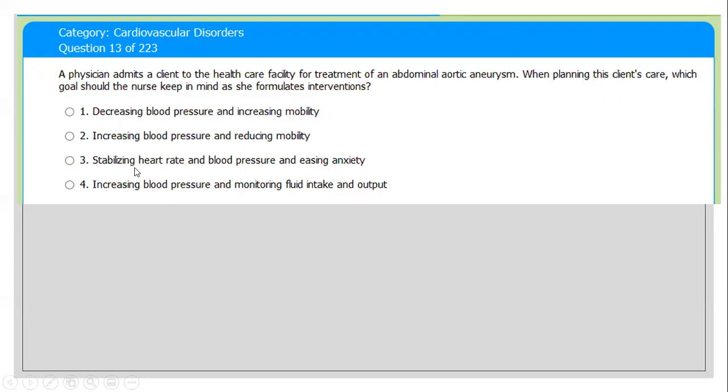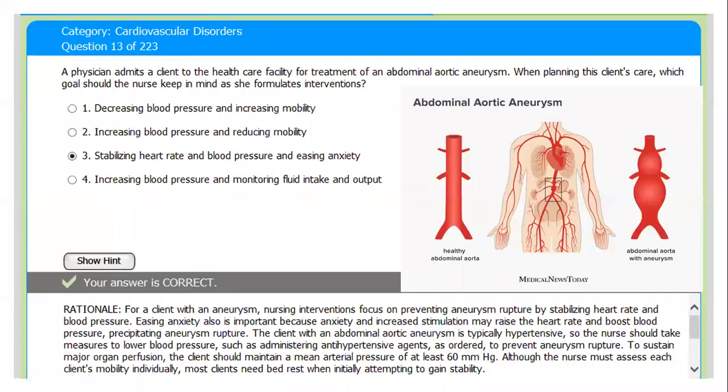Number 3, stabilize the heart rate and blood pressure and ease anxiety. Number 4, increase blood pressure and monitor fluid intake and output. The correct answer is number 3: stabilize the heart rate and blood pressure and ease anxiety.